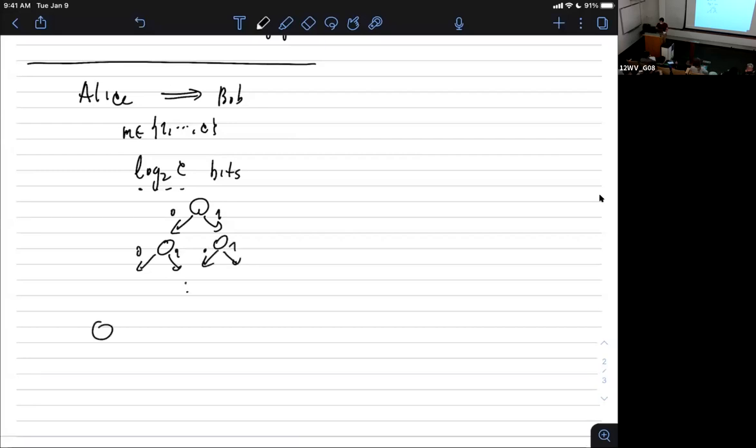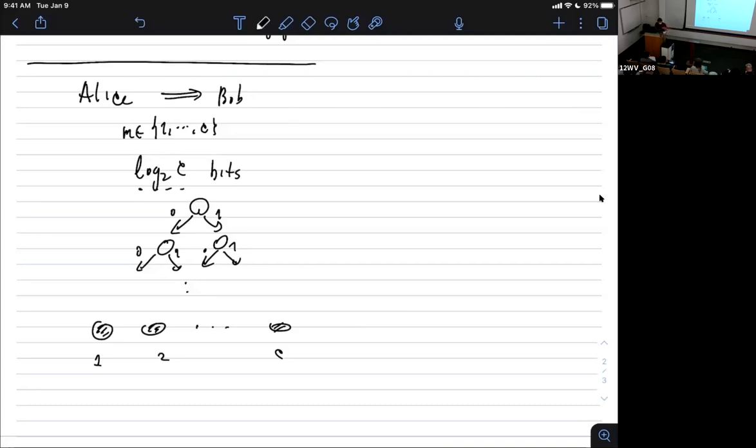At the end, each and every leaf node corresponds to one of the messages. The number of bits we need in order to send any one of these messages is essentially the depth of this tree. When we have C many leaf nodes, the depth is going to be log 2 of the number of leaf nodes in the case of a balanced binary tree. The reason is that Bob has no idea what Alice is going to say. Bob cannot really guess anything about what Alice is going to say.